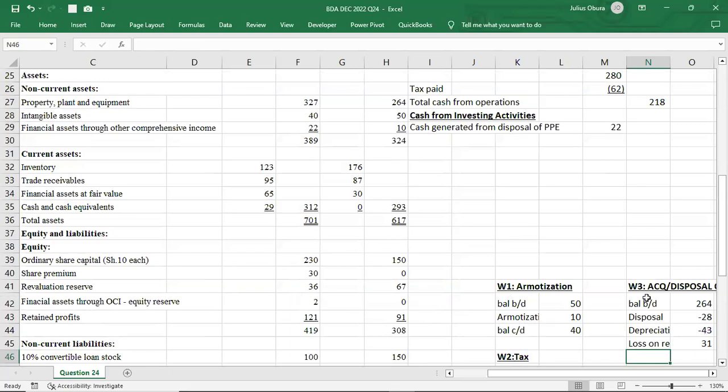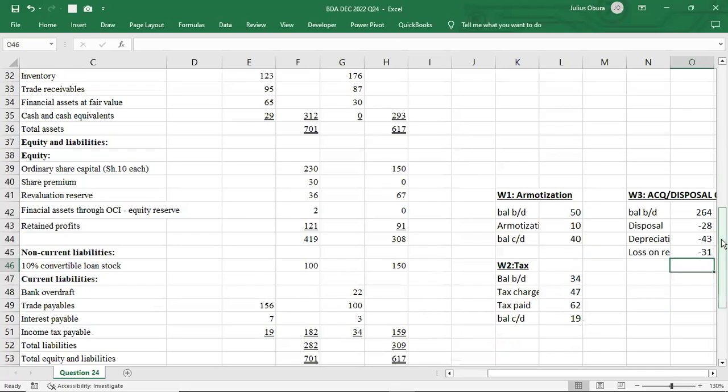And it was a loss, so we are supposed to subtract it. Let me reverse it: I take 36 minus 67, so we have minus 31. When we add all this, we get 162.